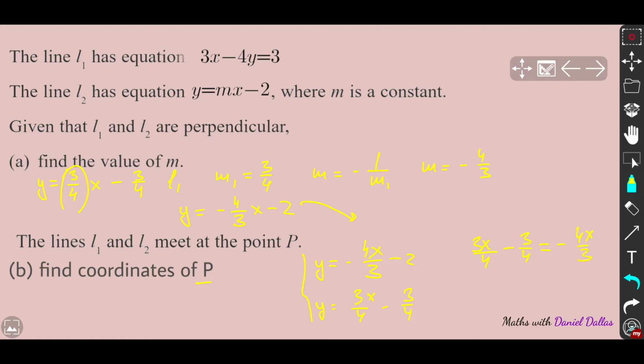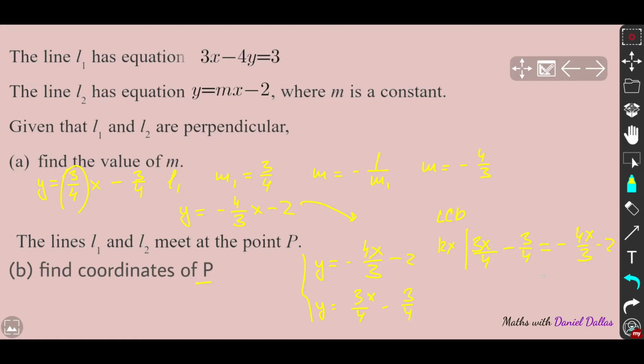What I'm going to do is multiply both sides by 12. 12 is the LCD for denominators 4 and 3, so that basically allows me to eliminate the denominators.